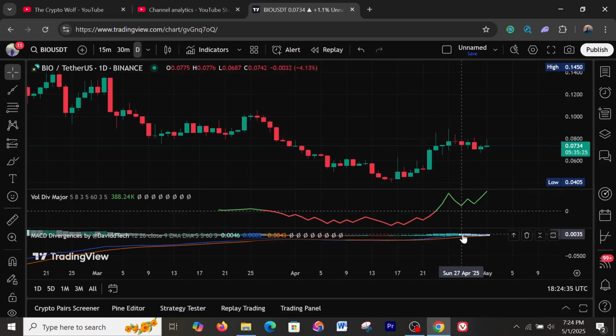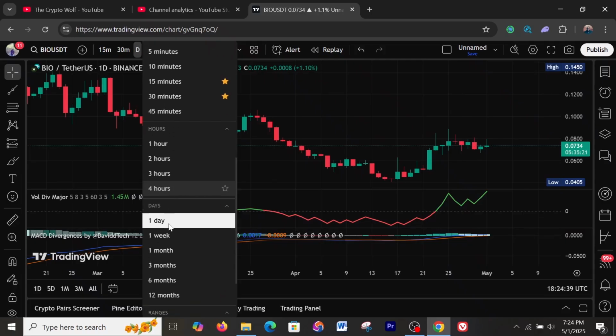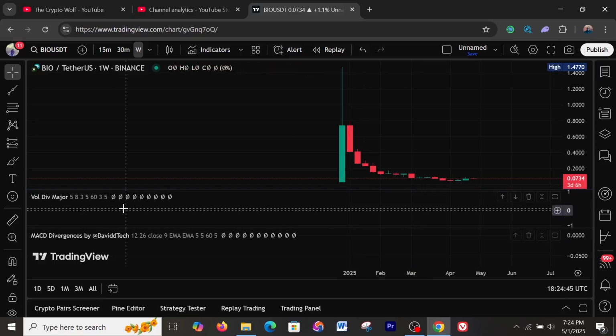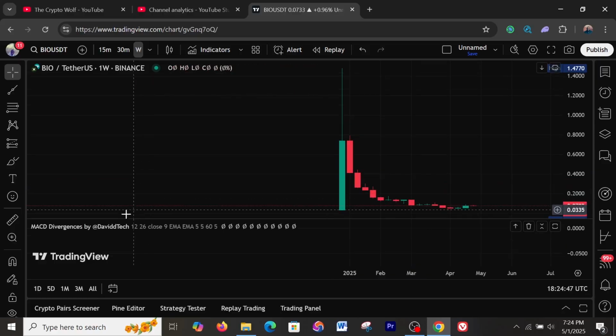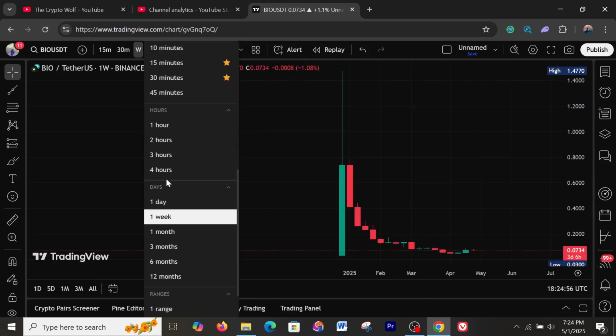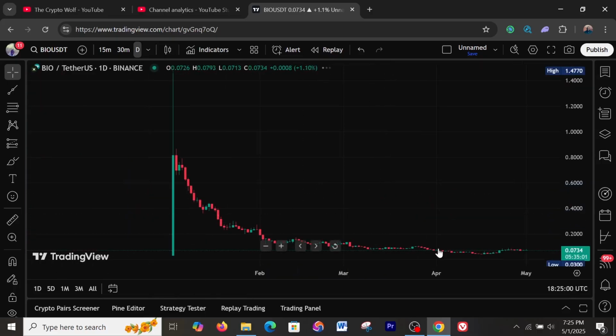MACD histogram, if you switch to the weekly, well, it doesn't have a lot of price action, so not a lot of information to be able to plot the MACD histogram graph. So we'll switch it right back to daily, and believe me, this is something you should take a look at.